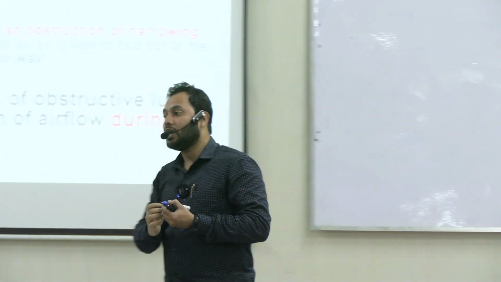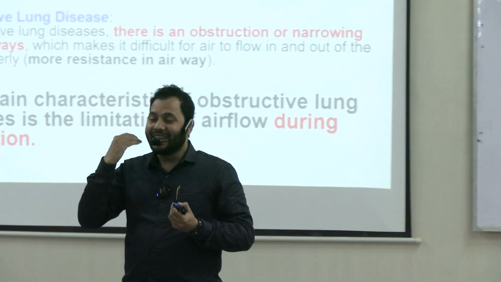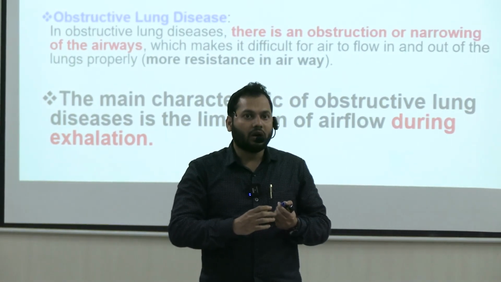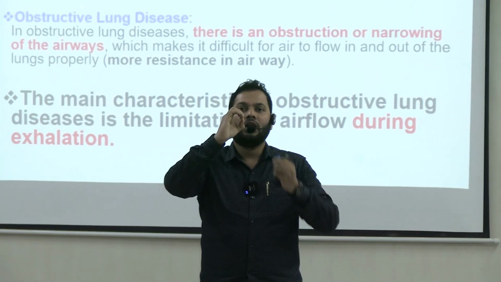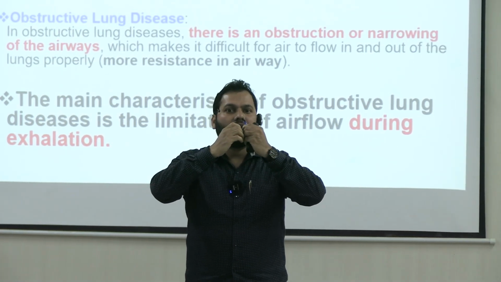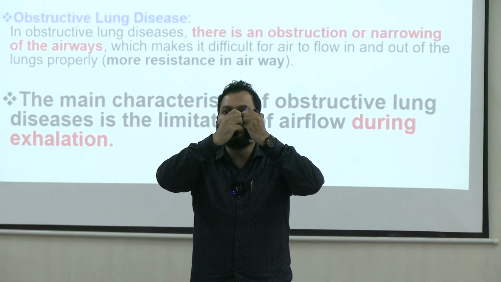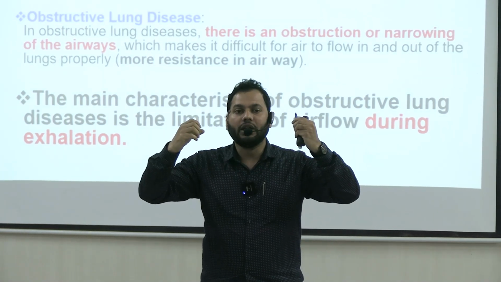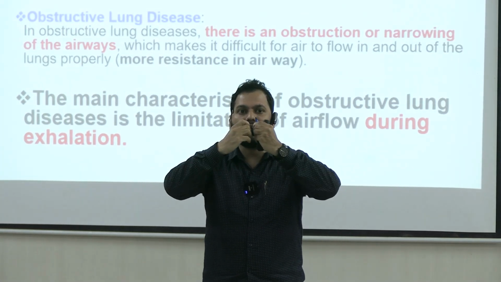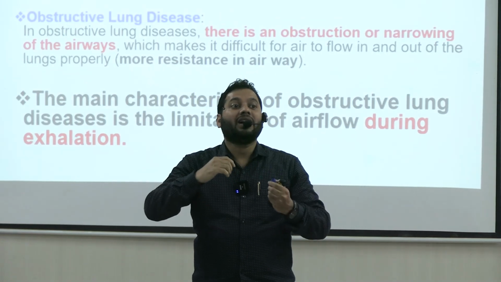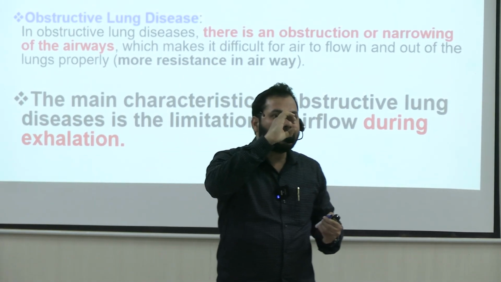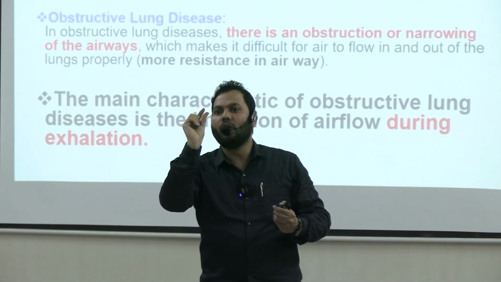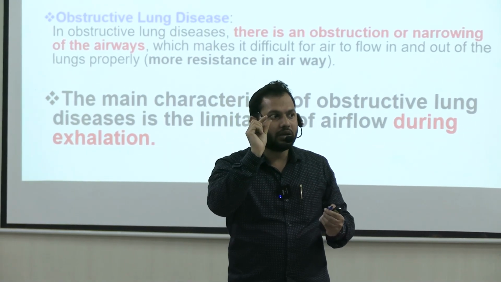But in the exhalation process, when the person is suffering from obstructive lung disease, there is a very small amount of outward pull. Instead, the airway tries to collapse, right? Due to the reduced outward pulling of the air passage, it becomes narrower and narrower, right?